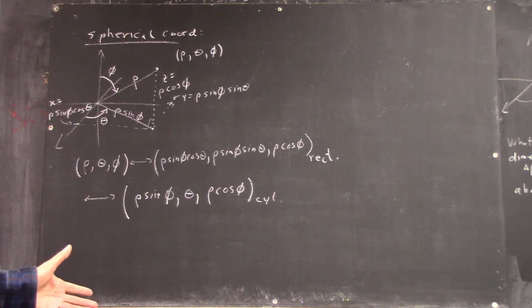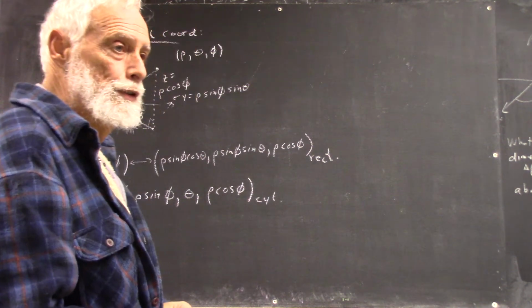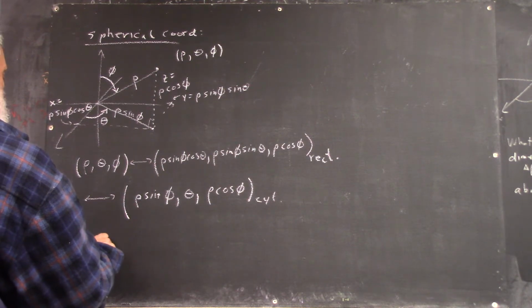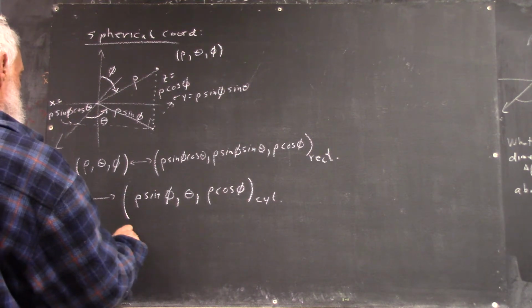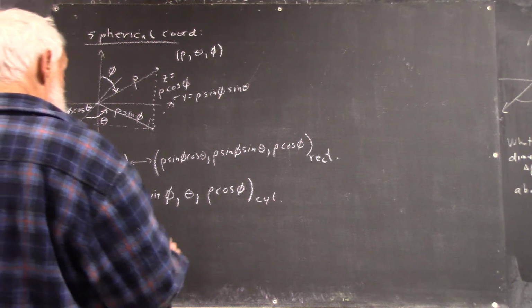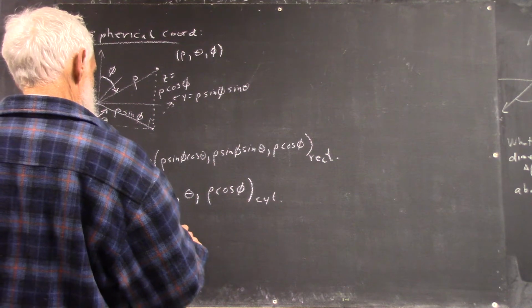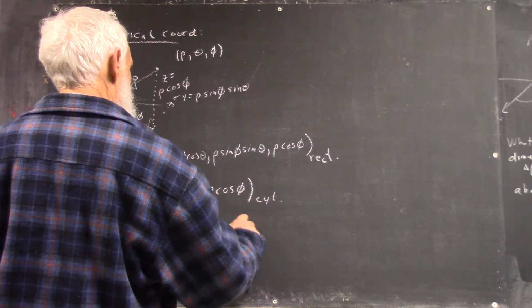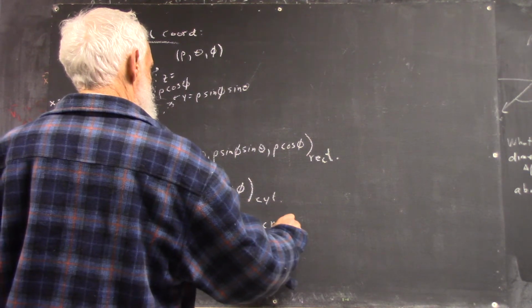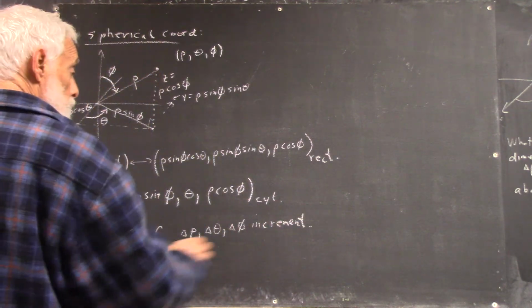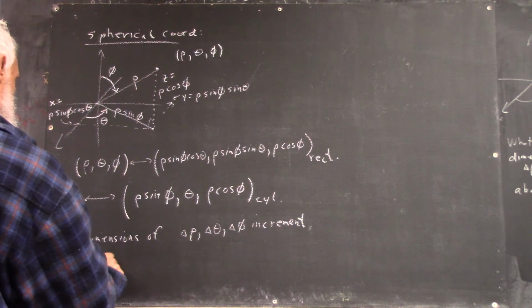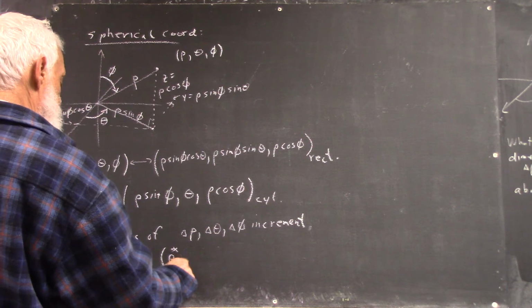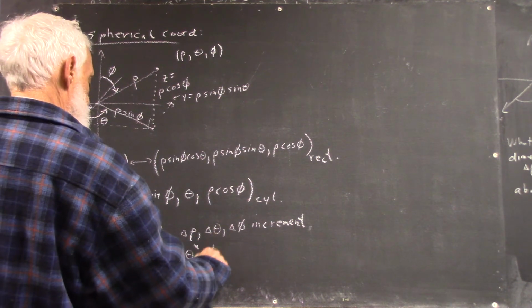Okay? Now, the slightly tougher question is, what are the dimensions of the delta rho, delta theta, delta phi increment containing the point rho star, theta star, phi star?